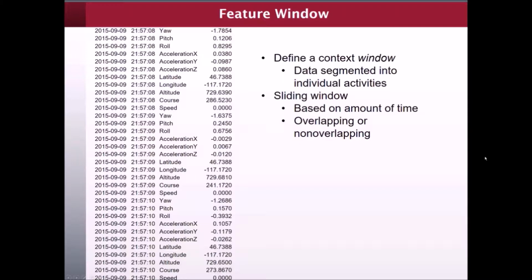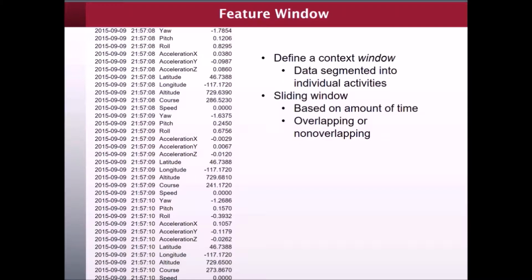As we described in another course available through this program, Behavior Analysis from Ambient Sensor Data, we have a similar problem in behavior analysis from mobile sensor data in that we want to define a context window. We can assume that data is being collected continuously from our mobile device, whether it be a phone, a watch, some other kind of wearable sensor.